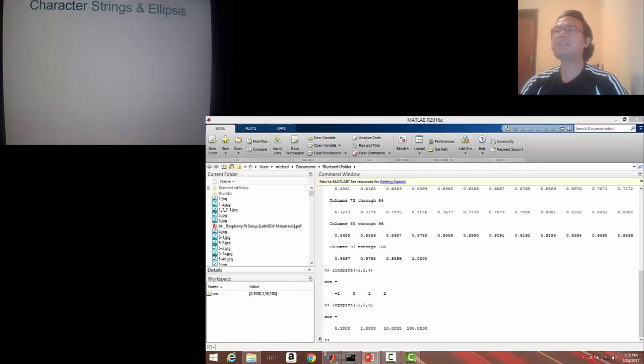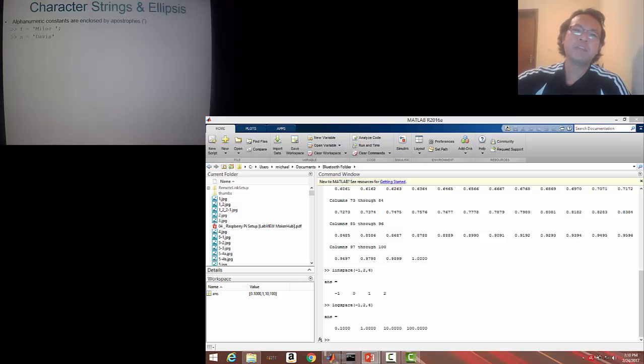Character strings and ellipses are not so important in our course, because those are really for programming in MATLAB, when you're starting to program with arrays, characters, something like that. But like I said, in our application, we will be implementing technical computing, so we don't need this one.